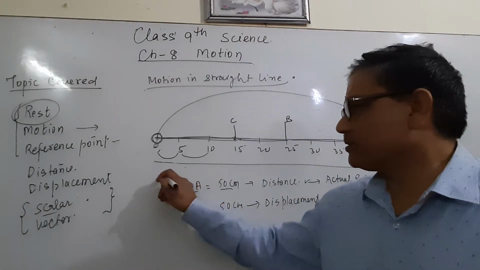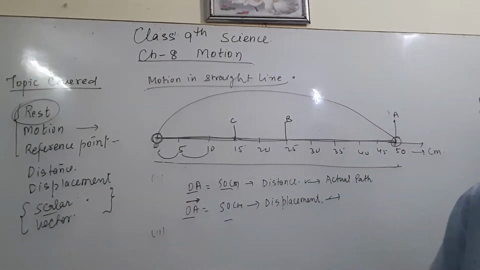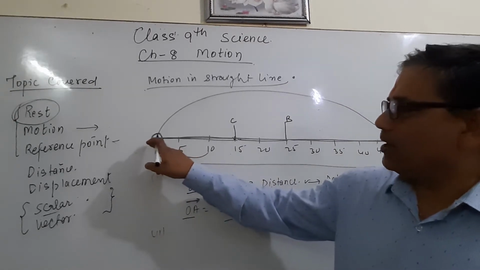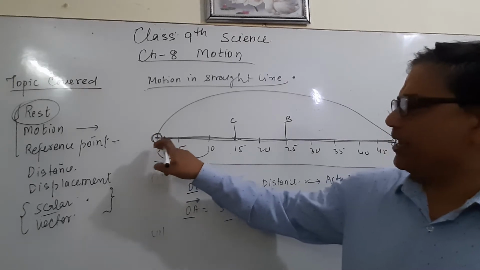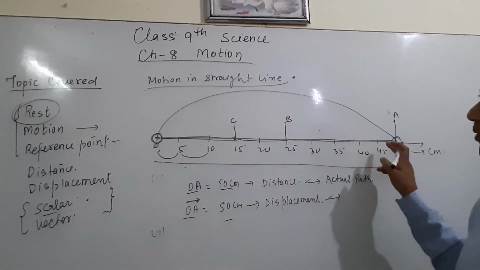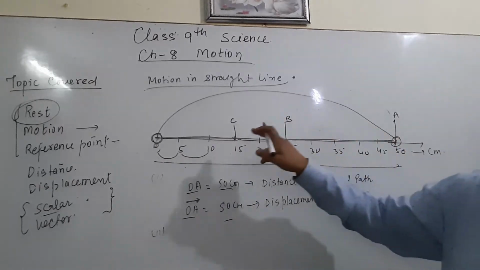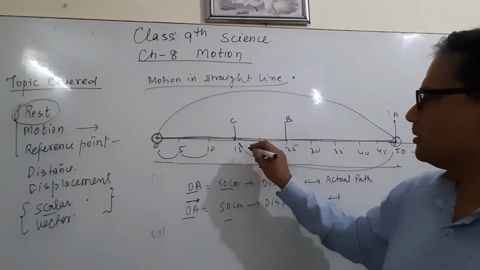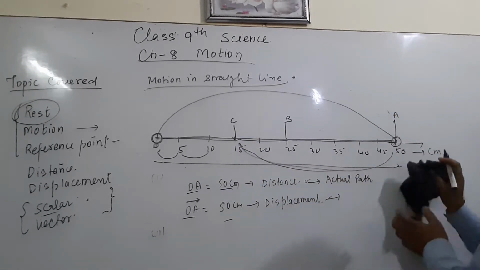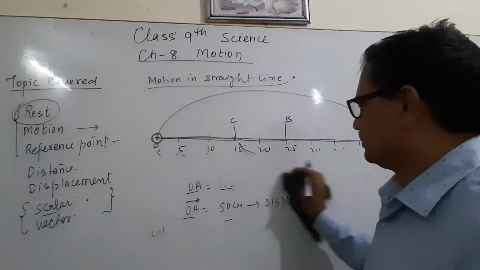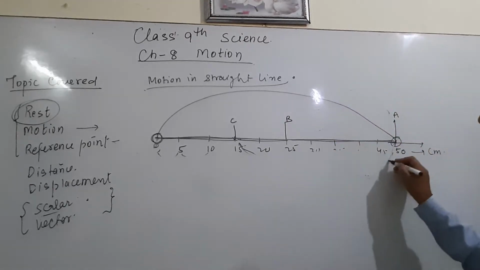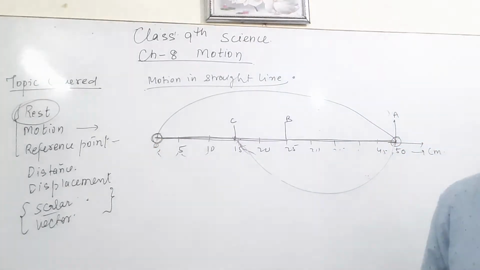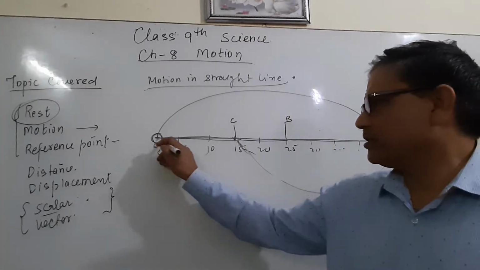Now in the second case, please be careful. A person starts from O, reaches A through C and B, and comes back and stops at C. First, how much distance did he cover?